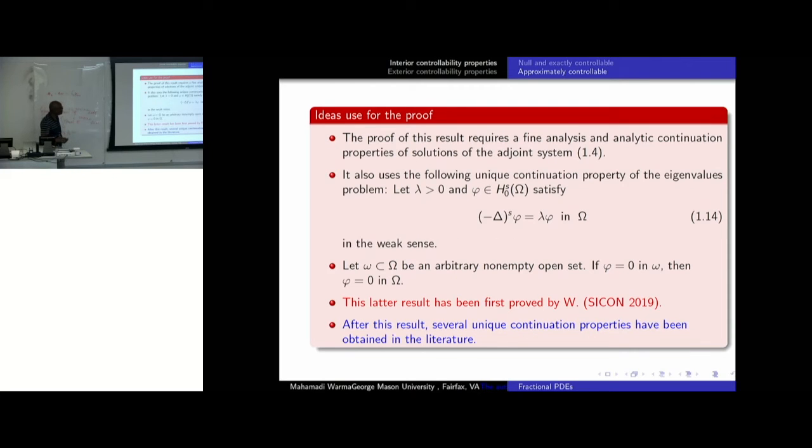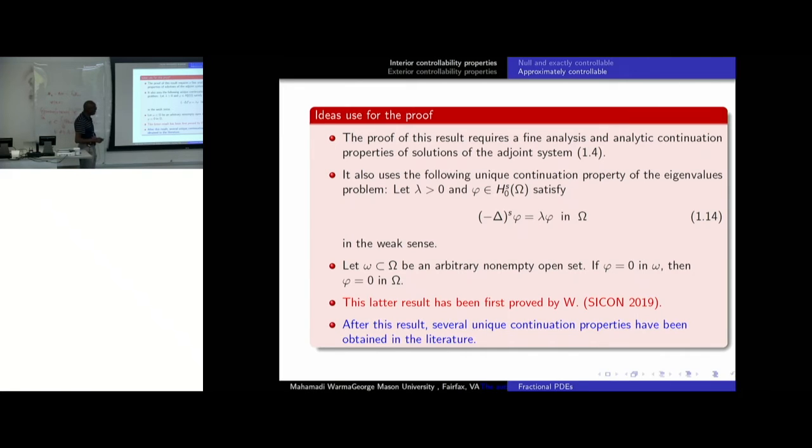The idea of the proof: to prove this result sometimes requires a fine analysis and analytic continuation property of solutions of the adjoint equation, by using analytic functions. You can also use that the eigenvalue problem has the unique continuation property.